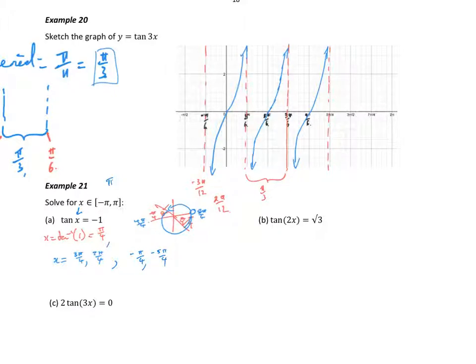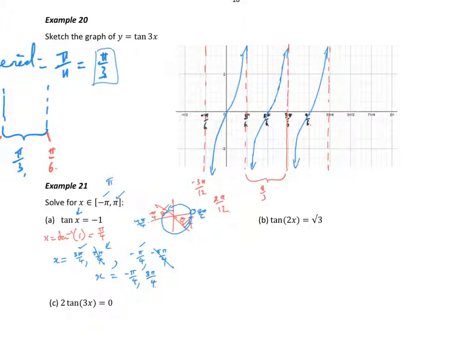And obviously the 7 pi on 4 is already too big. So the solutions that fit in are negative pi on 4 and 3 pi on 4. 7 pi on 4 is outside of pi. Negative 5 pi on 4 is outside of negative pi.